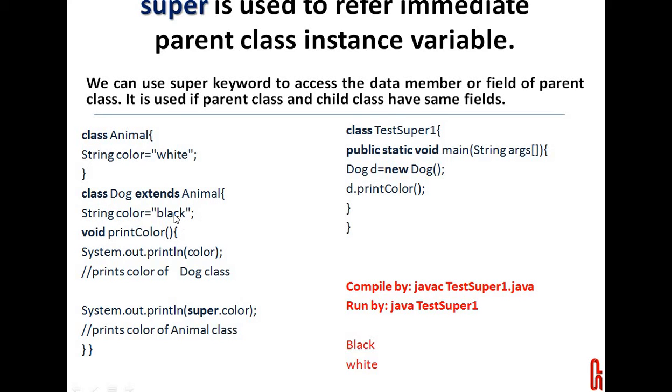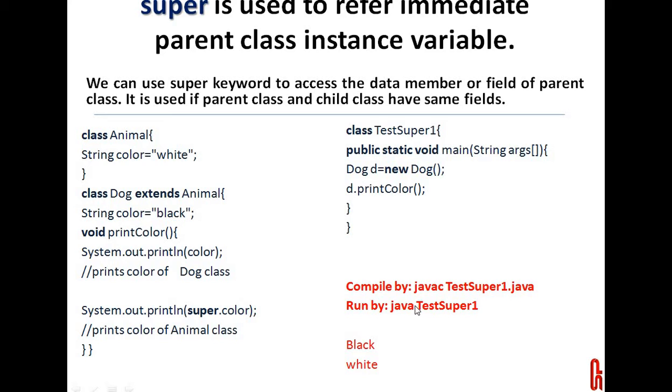The second output statement will invoke the Animal class color value. This super keyword will refer to the immediate parent class instance variable. So the instance variable name is color, and super.color will invoke the superclass instance variable color value.